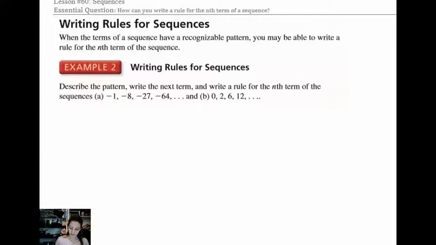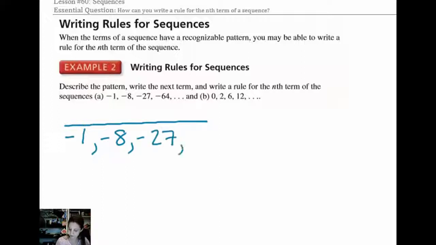Okay. I'm going to rewrite the sequence. We have -1, -8, -27, -64. Okay, and then above it, I'm going to put the domain. So this is the first term, second, third, fourth, fifth.